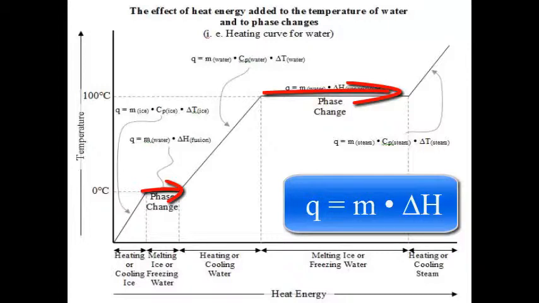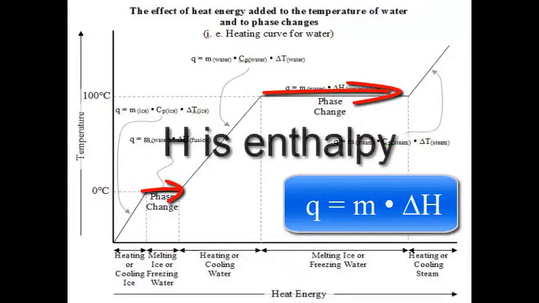The delta H we now call enthalpy, E-N-T-H-A-L-P-Y. H is now, in this modern time, called enthalpy. And the delta in front of it means change in. So it's the change in energy. Okay?